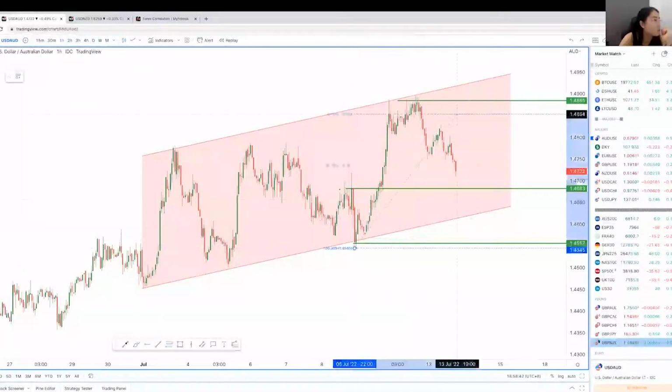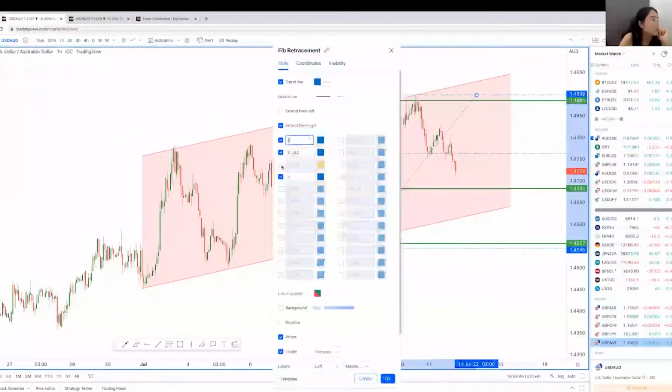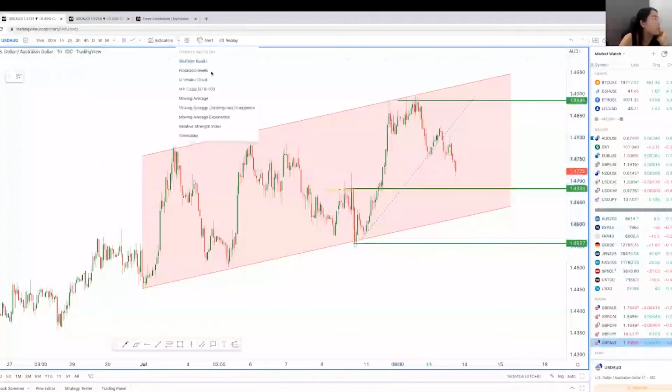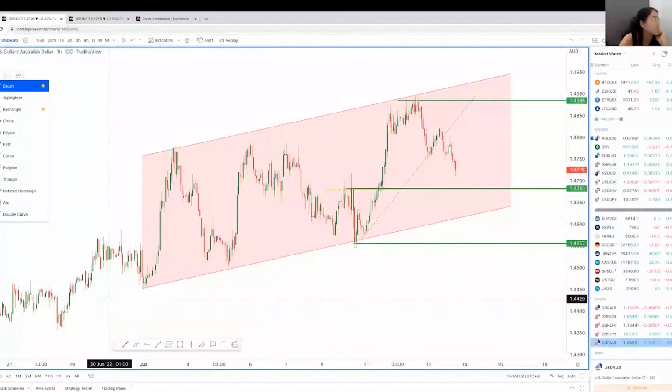Okay, three, why do I think price is going to go up from there? Because when I pulled out the Fibonacci, there was the 61.8 lining up on my support, giving strength to my support. Four, when I pulled out the moving average indicator, I used the natural moving average and adjusted the settings.